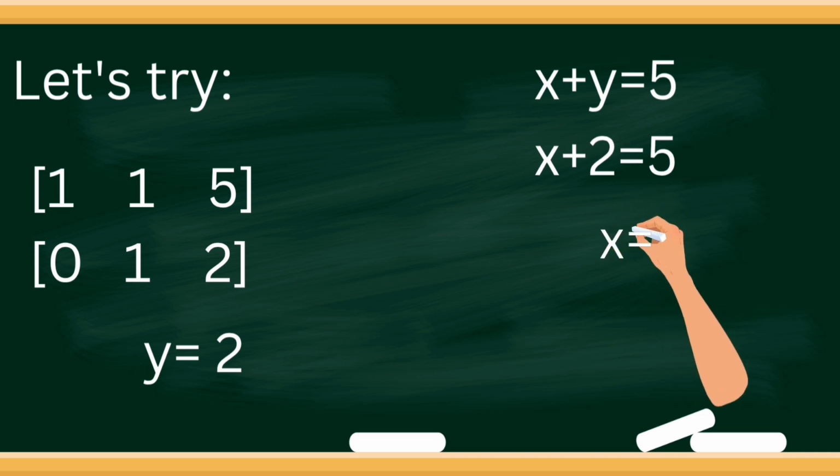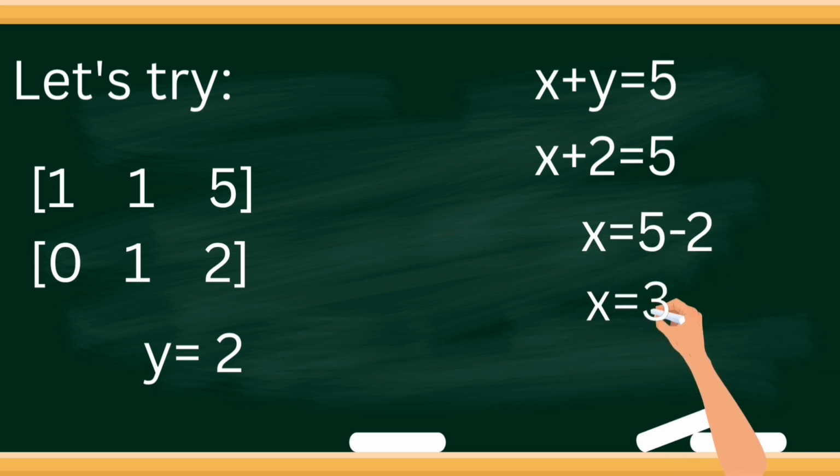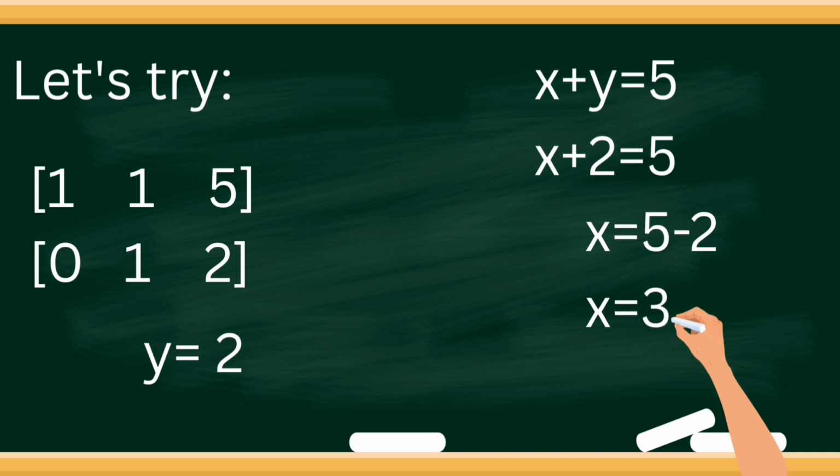Then x is equal to 5 minus 2. Now we have the value of x, which is equal to 3. By that, we now have the values of x and y. Using an augmented matrix makes finding the values of x and y a lot easier.